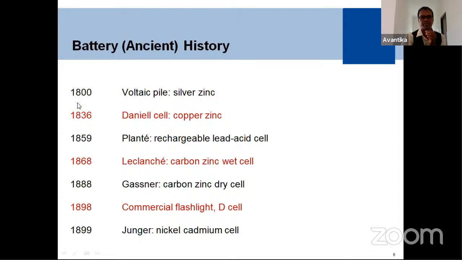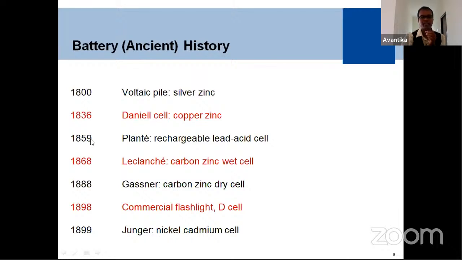In the 18th century, Volta prepared the first battery with silver and zinc electrodes. Later on, in 1836, Daniel replaced silver with copper, so the voltage improved.